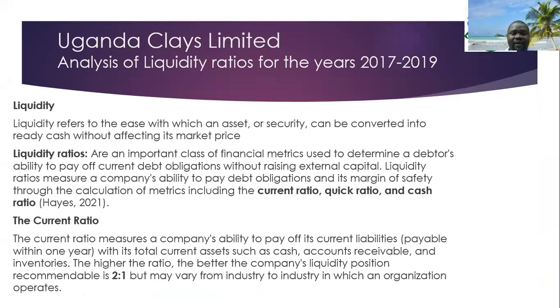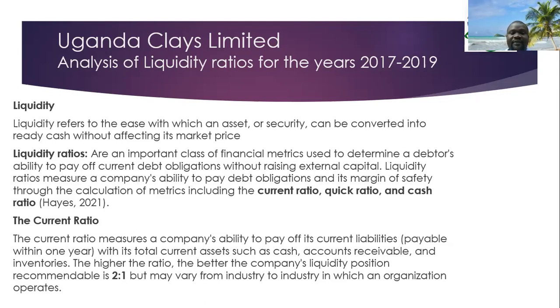Liquidity ratios are a very important class of financial metrics used to determine the debtor's ability to pay off current debt obligations without raising external capital. External capital may include issuance of bonds, acquiring of loans, overdrafts, among others, or floating of shares. That is all external capital.